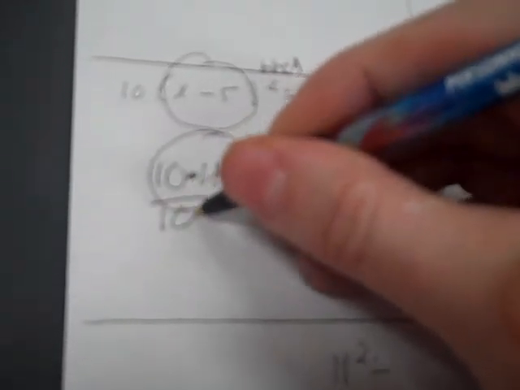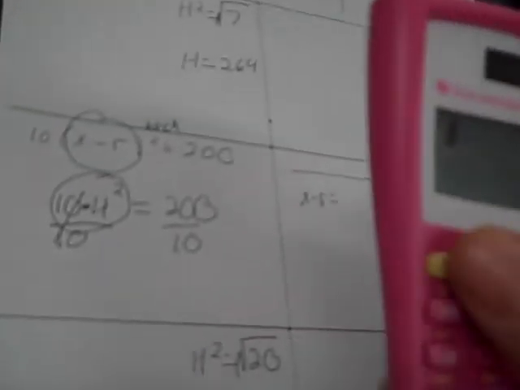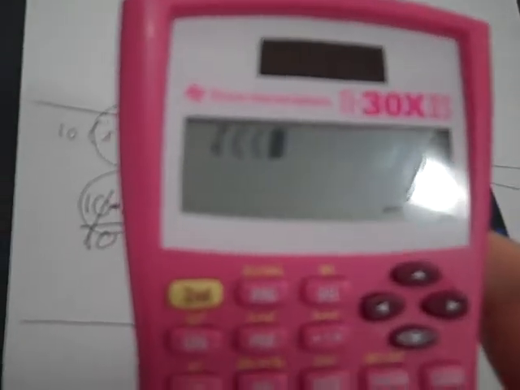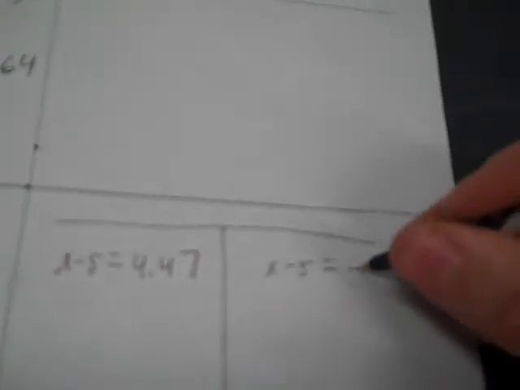So I dot my h, circle it. There's no plus or minus, so I go straight to dividing by 10. So 200 divided by 10 is 20. And then I find the square root of the number 20. Double it. 4.47. That's as close as you can get to finding a number times itself. That's 20. So 4.47, negative 4.47.